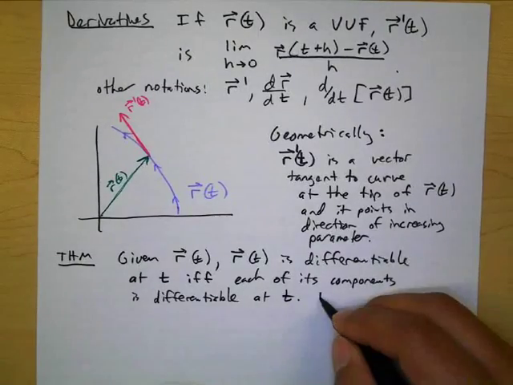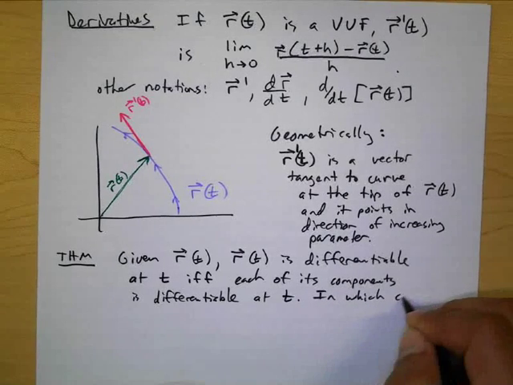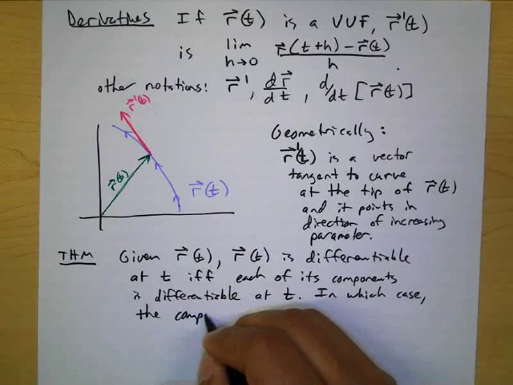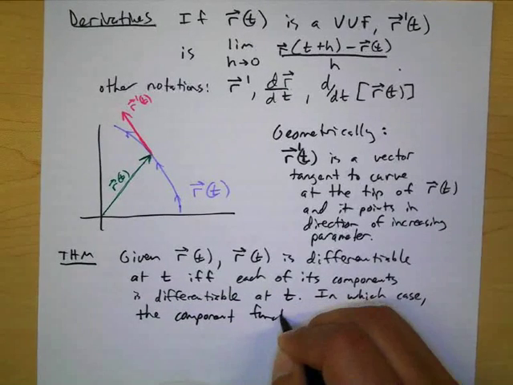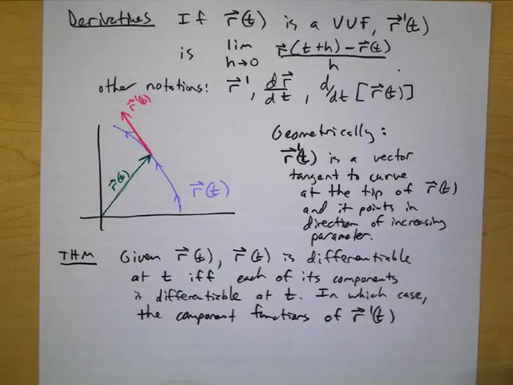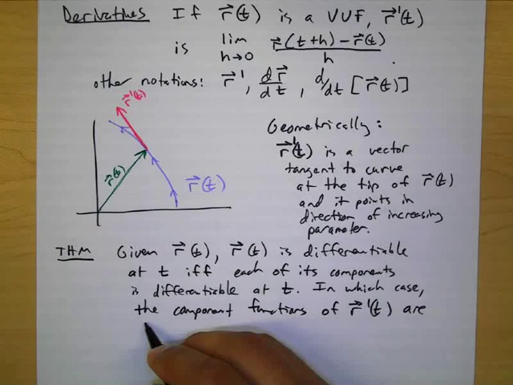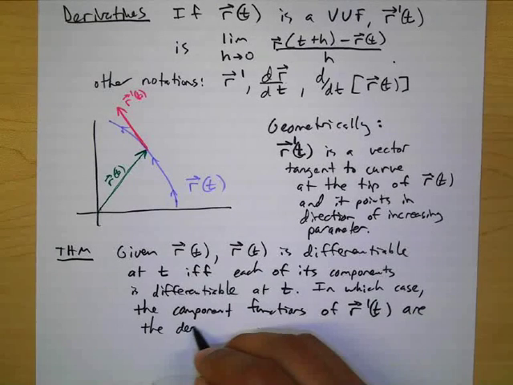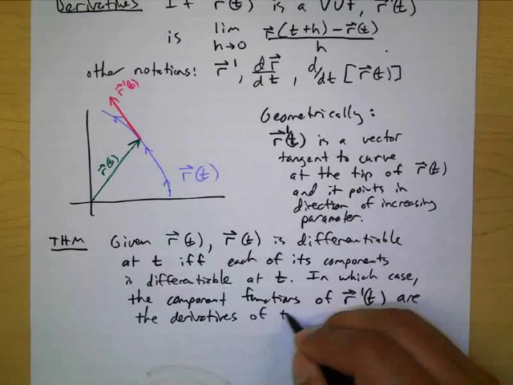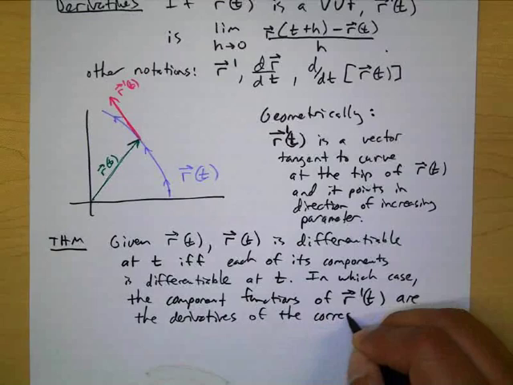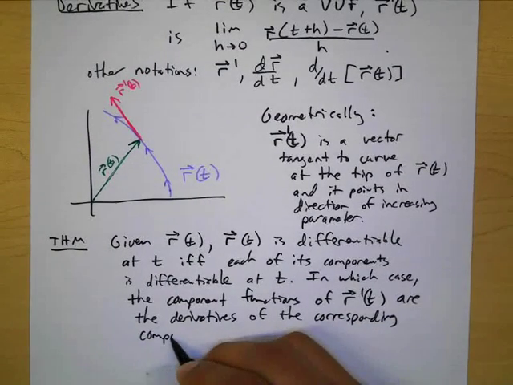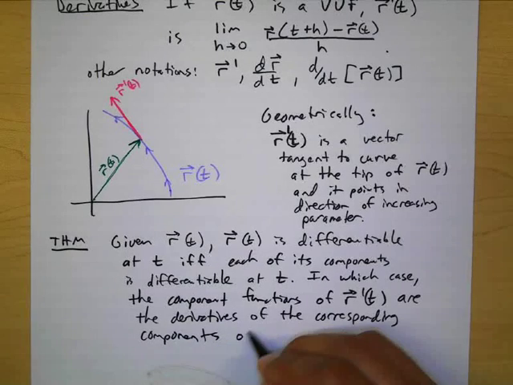In which case, the component functions of r prime of t are simply the derivatives of the corresponding component functions of r of t.